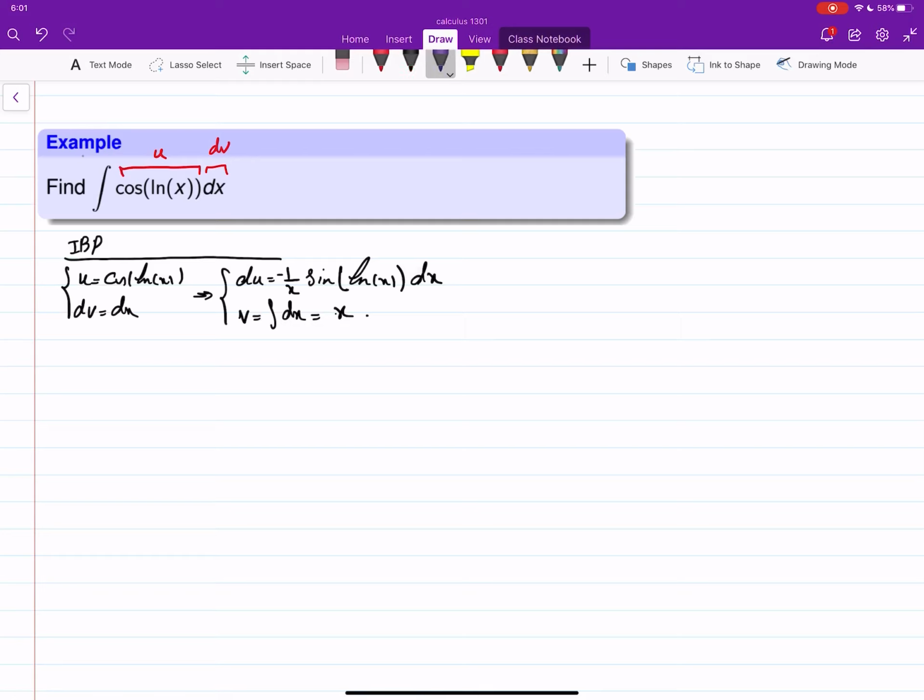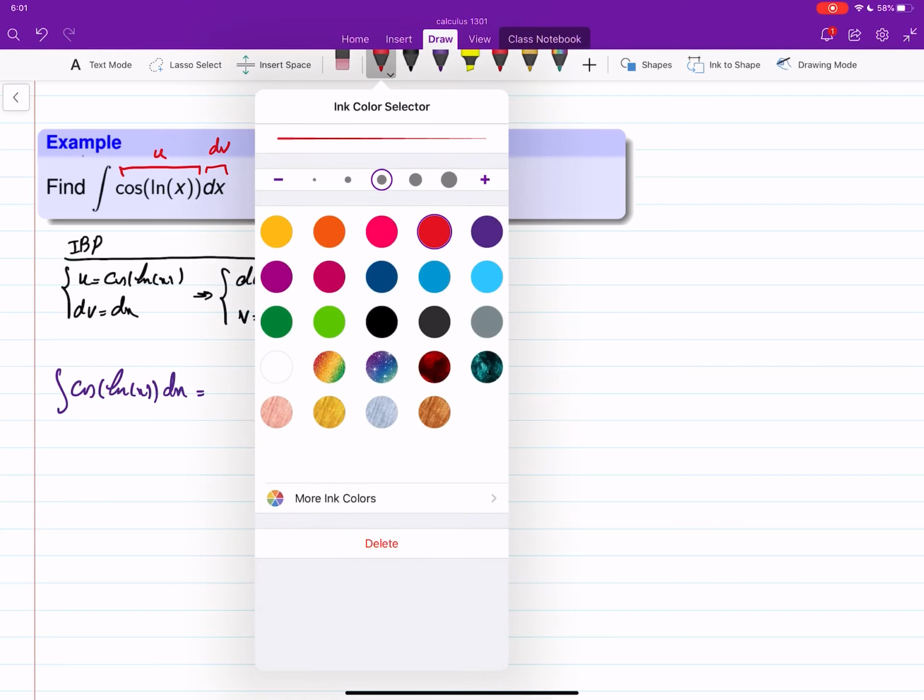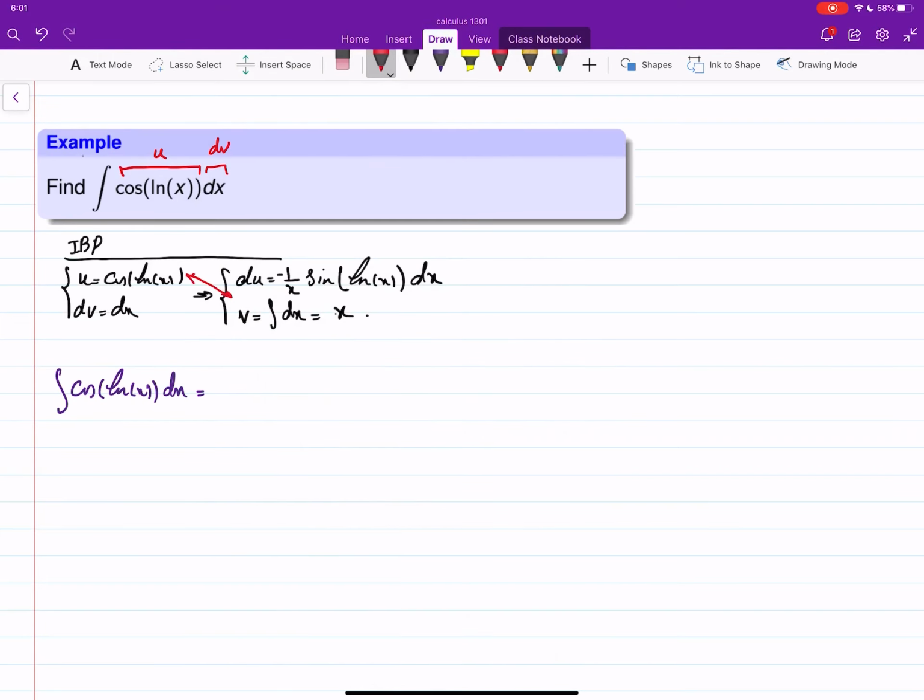So my IBP will be integral of cosine of ln x dx equals u times v, so x times cosine of ln x, minus integral of v du, so x times negative 1 over x sine of ln x dx.